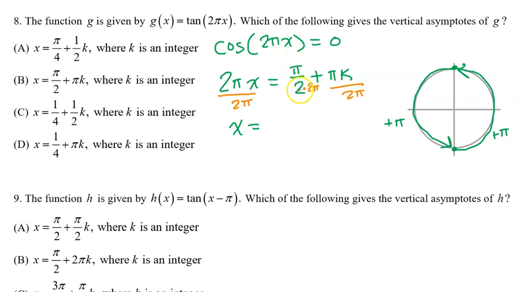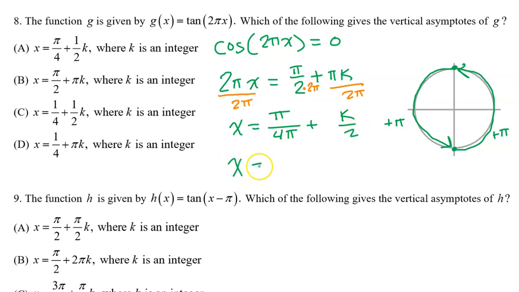But pi over 2 divided by 2 pi will be pi over 4 pi. Again, when you divide by 2 pi, you really multiply the denominator by 2 pi. These pi's cancel each other out, leaving behind k over 2, but I would rather write this as 1/2 k. Maybe I'll just do that on the next step.